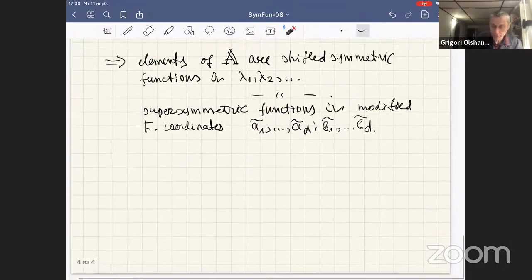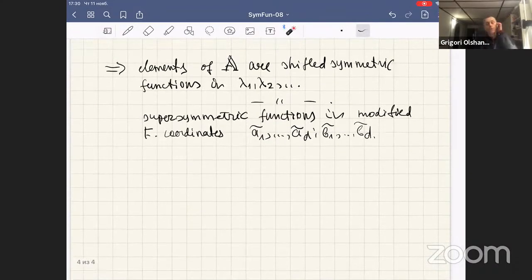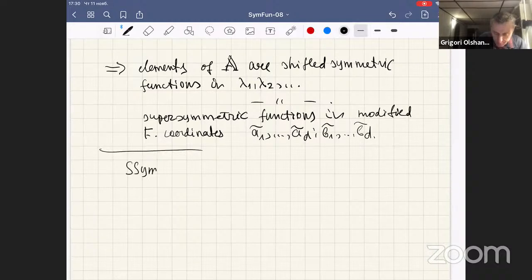And I recall the definition of the algebra of supersymmetric functions. So, the algebra of supersymmetric functions.